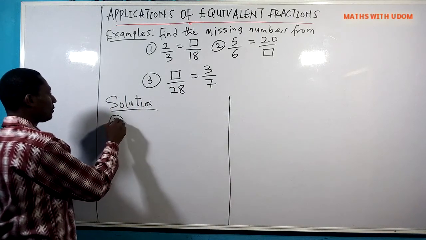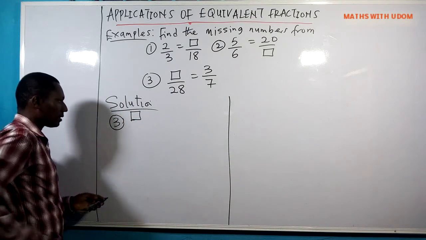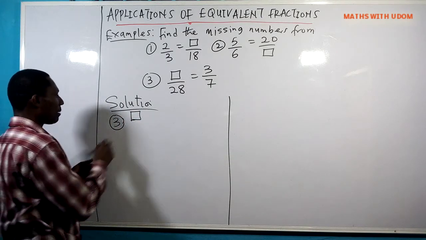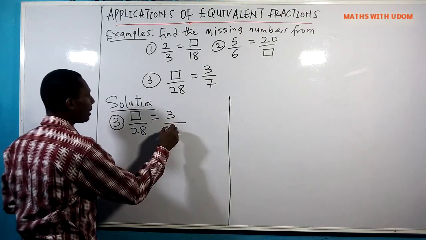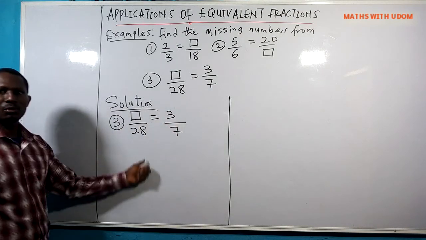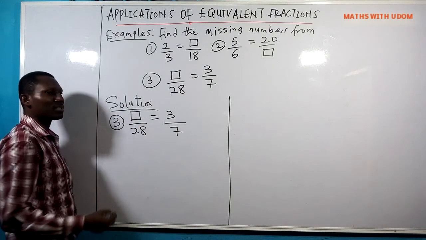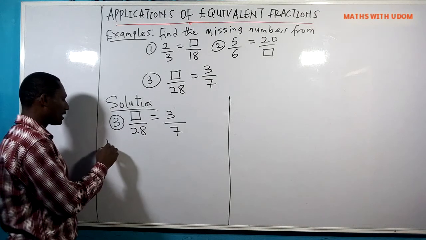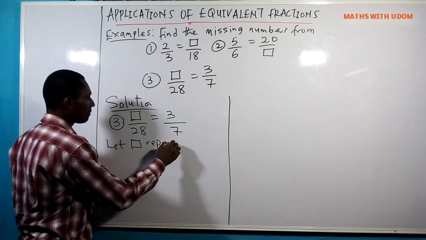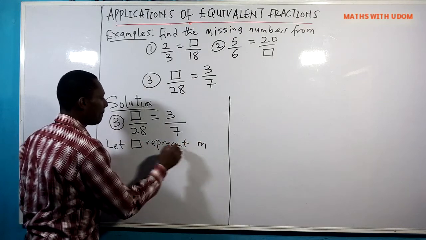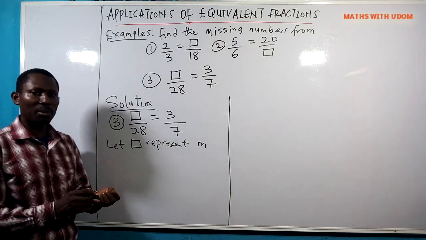We have box divided by 28 equals to 3 divided by 7. So this is what we have. How do we solve this? Let the box represent another alphabet. So let the box represent M. Let it represent another alphabet M so that it will not mix up.